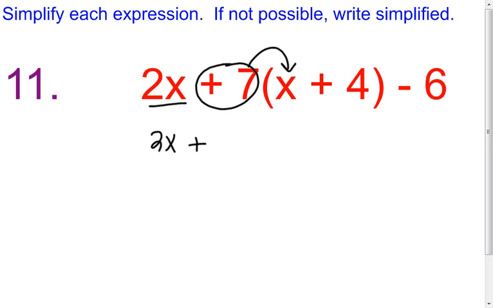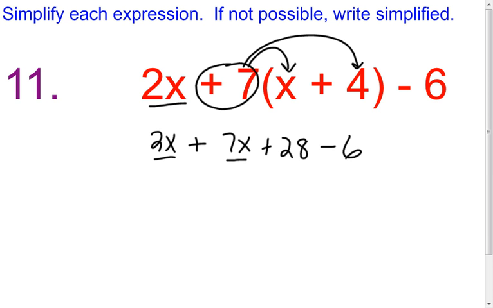So positive 7 times x is 7x. Positive 7 times positive 4 is 28. And then minus 6. And now you want to combine your like terms, okay? So I have 2x plus 7x with the same variable, same exponent, which gives me 9x, not 9x squared. And then 28 minus 6, of course, gives me 22.